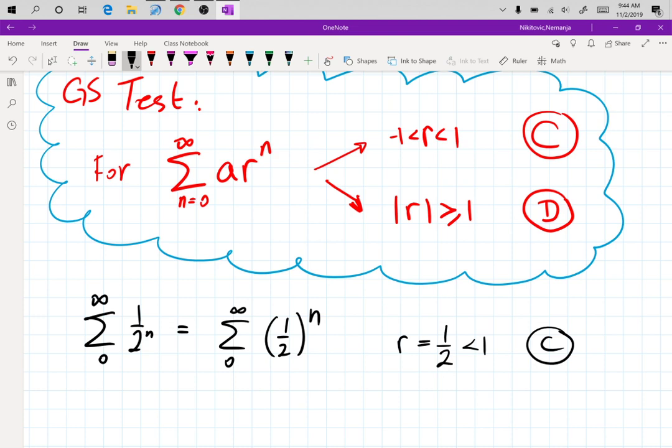The only thing that we need is for r to be between -1 and 1, and the problem converges immediately, without any calculations. That's all. So r was 1/2, and because that's less than 1, it converges, done.